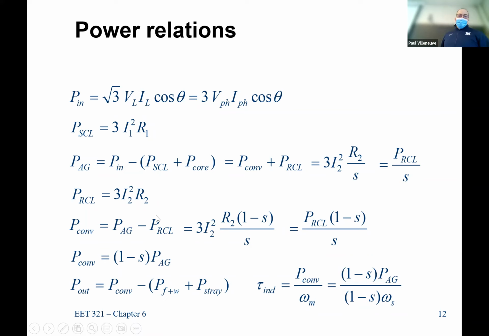Now we move over here to our converted power, which is our air gap, which we wrote as a function of rotor copper loss, and our actual rotor copper loss. Put those in the same equation, and we have P rotor copper loss times (1 minus S) over S. Does this look familiar to you at all? This (1 minus S) over S?